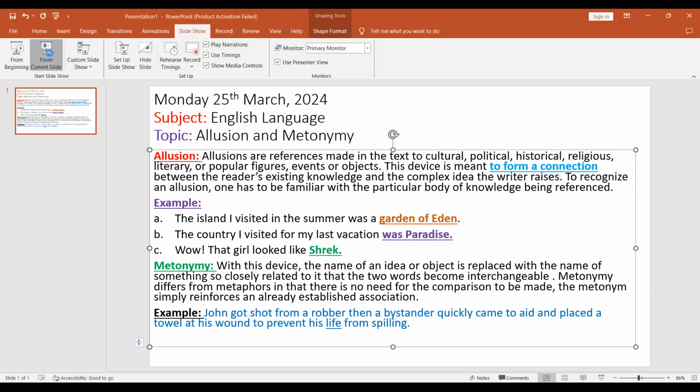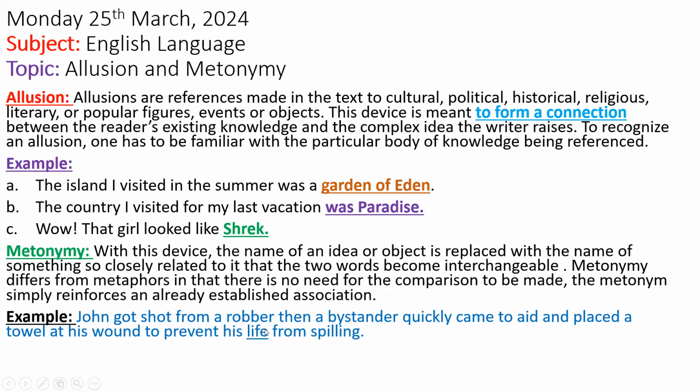Anyone else want to say? What does the word life mean in this sentence? To prevent his life from spilling? From his death, from him dying. But why did they use the word life? Remember, we're talking about metonymy. What other word would have been perfectly fine here? Blood. It's blood, right?